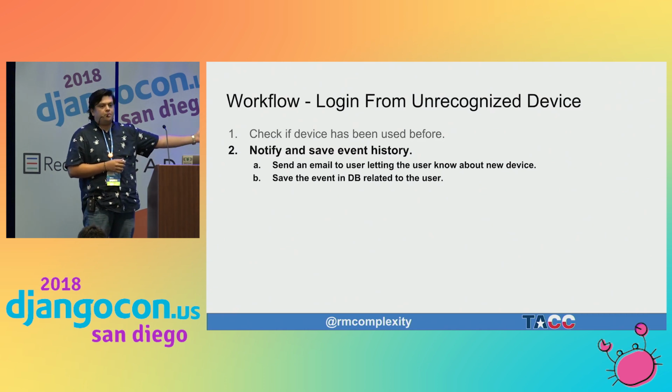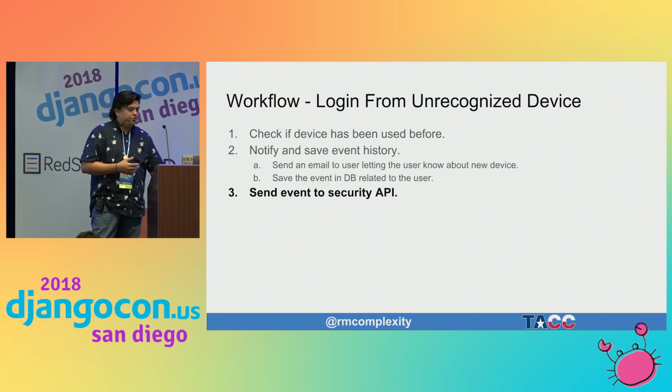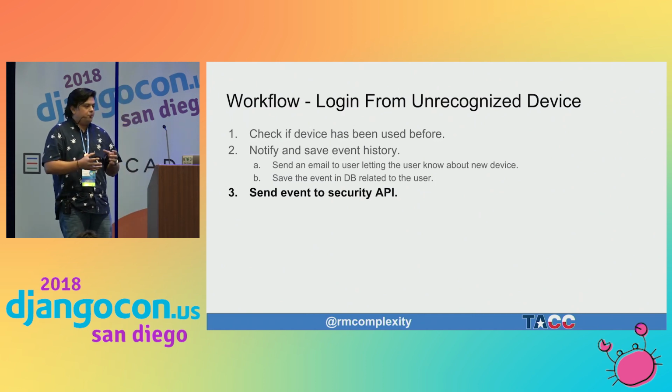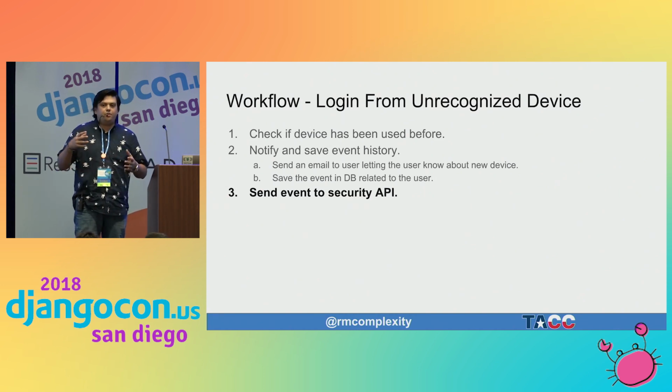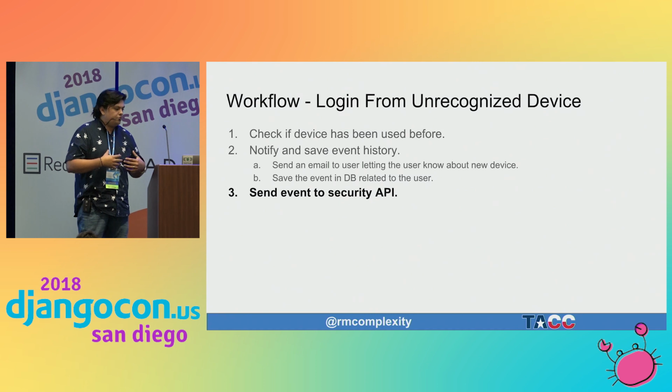These two can probably run in parallel, so we're already building this workflow in our own mind. Then whatever we get from these events, we can send to an external API. Let's say that it's not really external to the company, but it's just an API that another group is developing. So for us, it's going to be external.